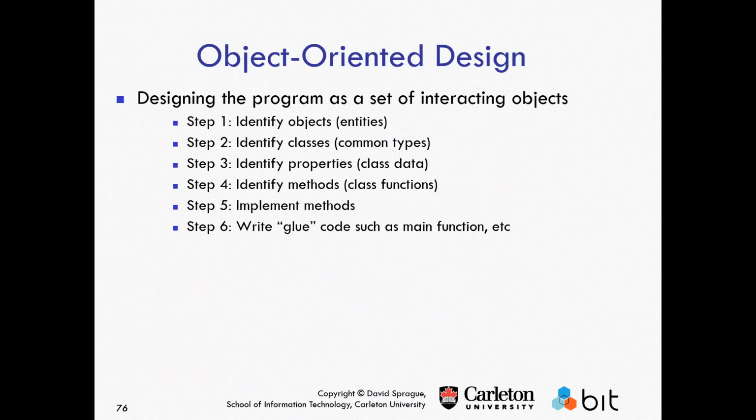So there's no one-stop shopping, there's no one way of doing this, but one way of looking at object-oriented design is to first figure out what objects you have. I will doodle up a bunch of boxes and squares and link them up before I code anything. I want to know where things are, how they are connected to other things. So I identify the objects or the entities. I identify the kind of classes I may end up having. I identify the properties.